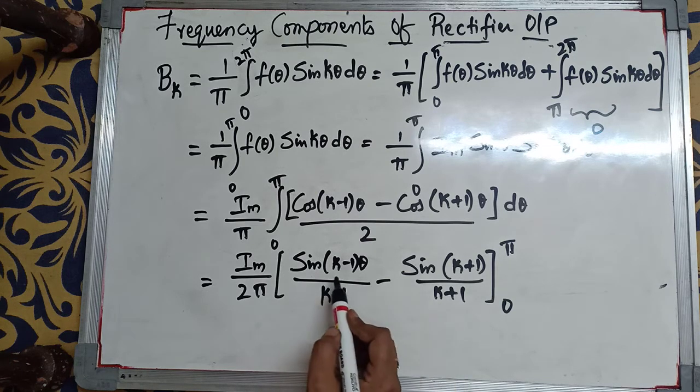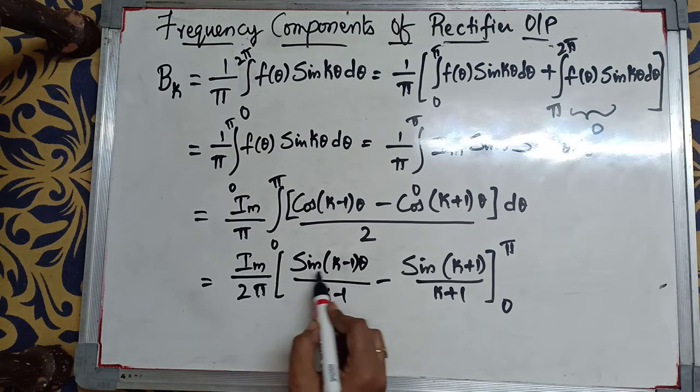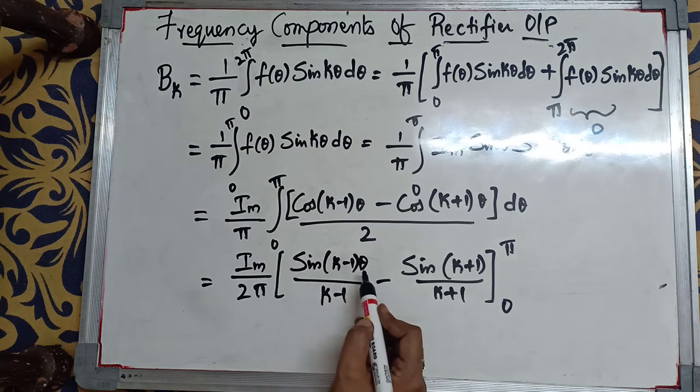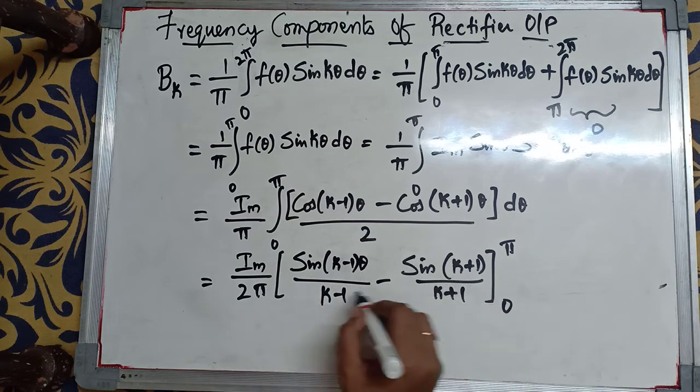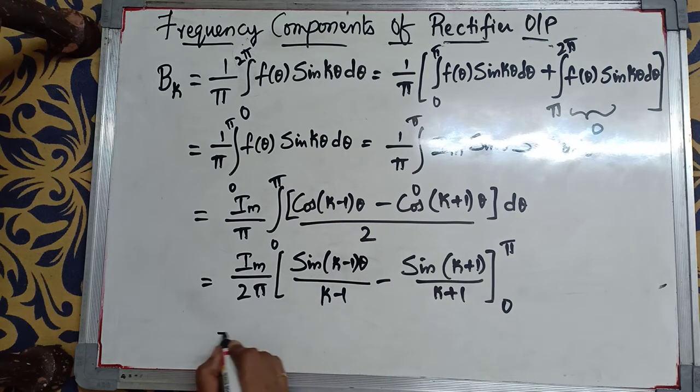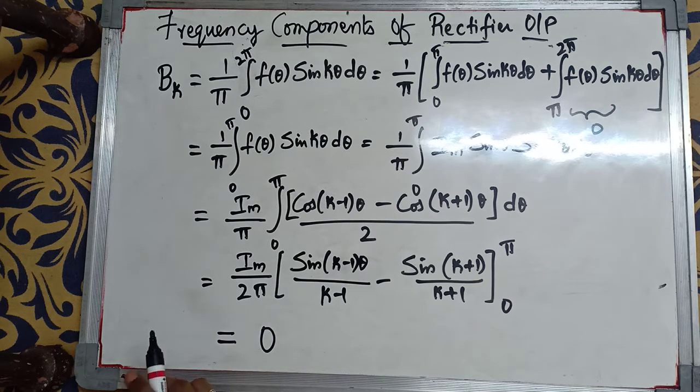If I substitute k as some even number, 2 minus 1, it will be 1. So sin pi will be 0. Like that we will get all the terms as 0. So whether k is an even number or odd number, the value of bk is going to be 0. So we will substitute the values of a0, ak and bk in order to find the frequency components.